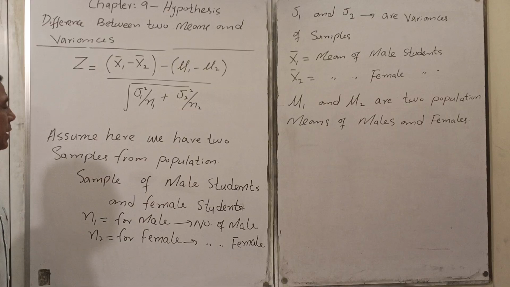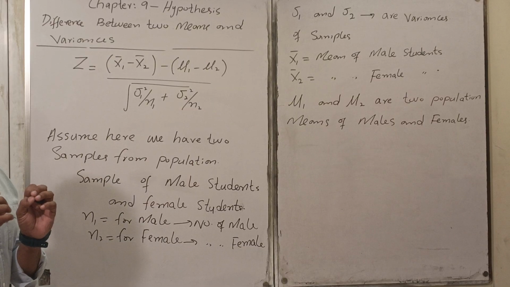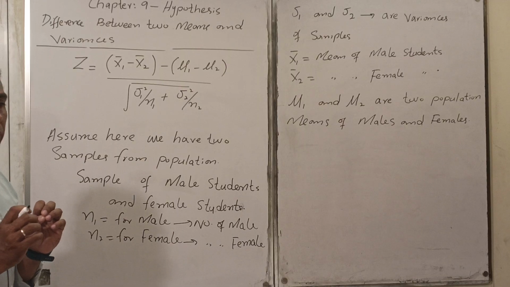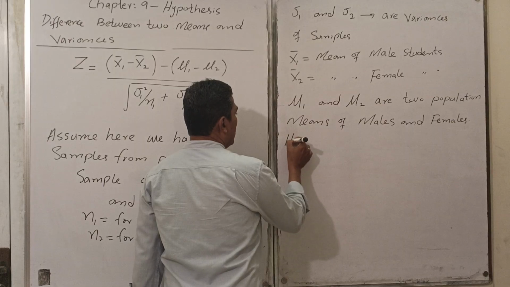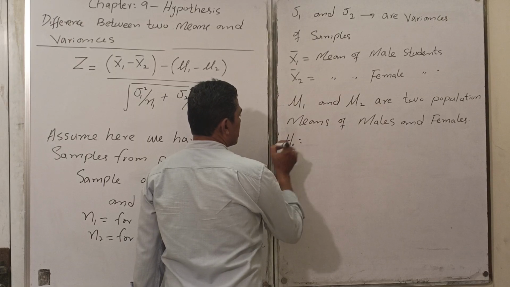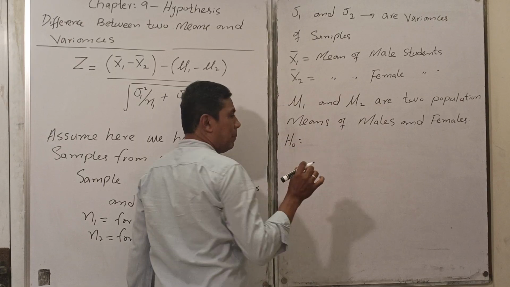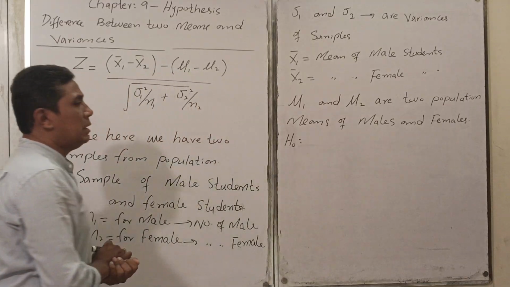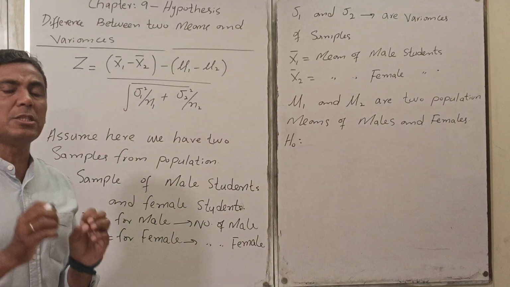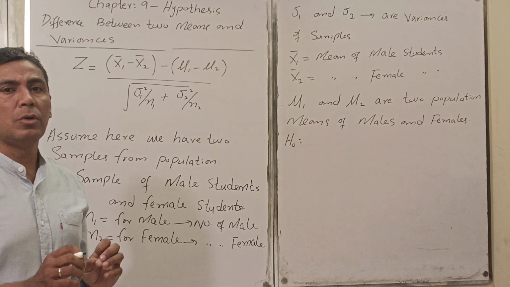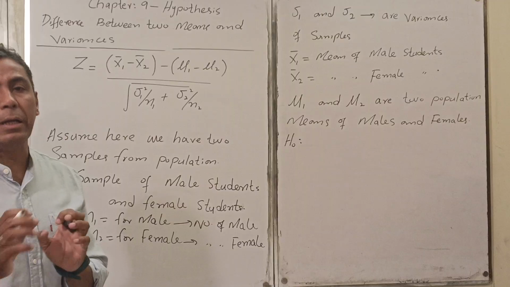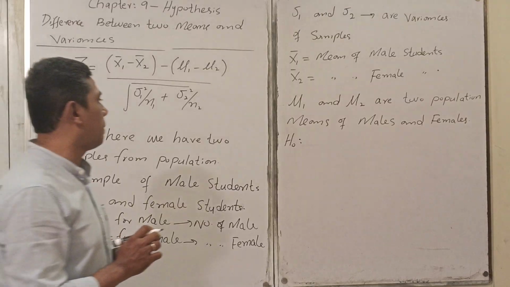What is the objective here? There are three kinds of hypothesis here. First of all, H naught, the null hypothesis: there is no difference between the mean of male and female with respect to the population.